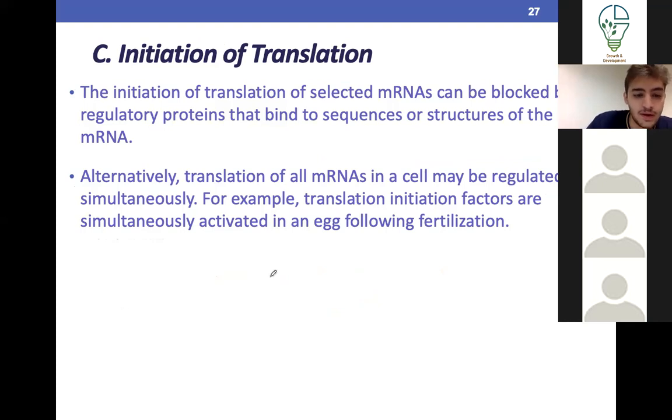This mRNA has a 5' UTR, and this 5' UTR has a region for the ribosome to bind. This region might be blocked by a protein, so it won't get translated. That's an example of regulation of initiation of translation.